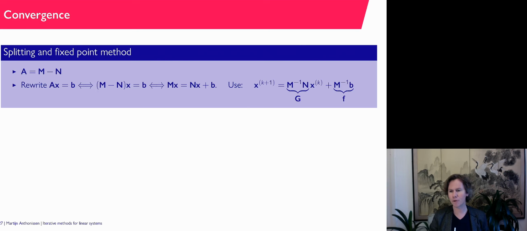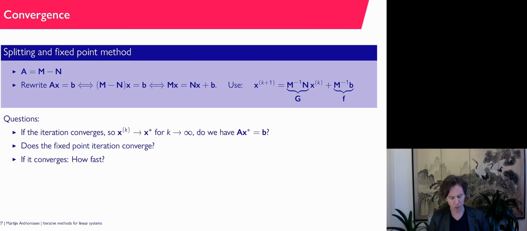So that's what we have already seen. Now I'm going to ask a couple of questions because I've presented the methods but didn't concern myself at all whether this is going to work, whether it converges, and if it converges, how fast or how slow, and so on. So let's see. The questions I'm going to be looking at in the next couple of minutes are, say that this works. So say that our x_k vectors converge to x star for k tending to infinity.